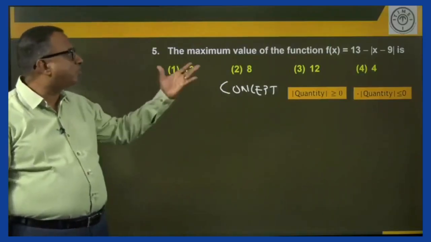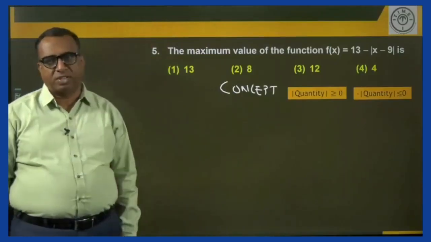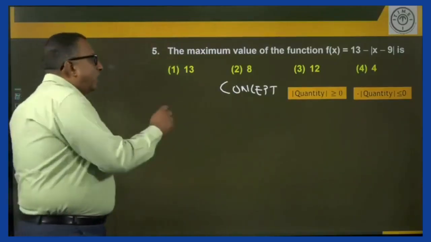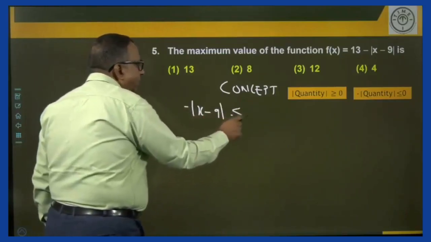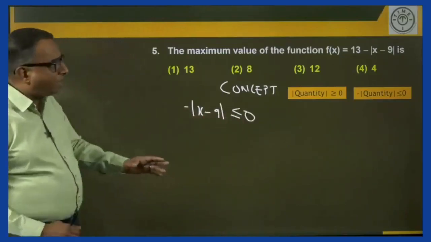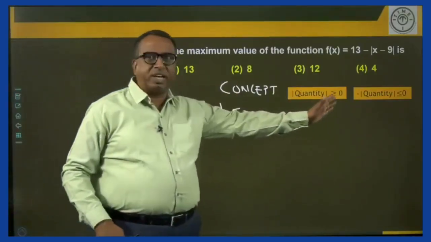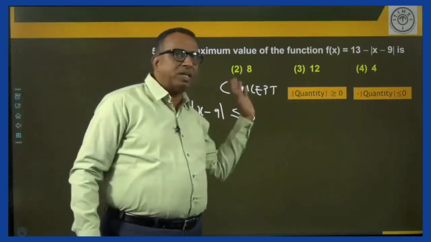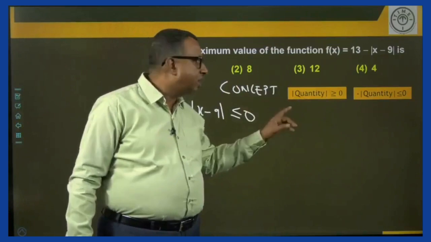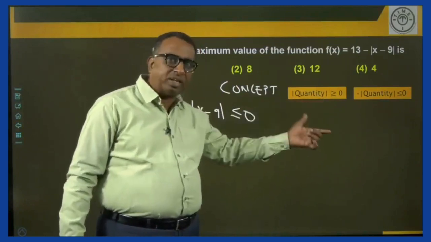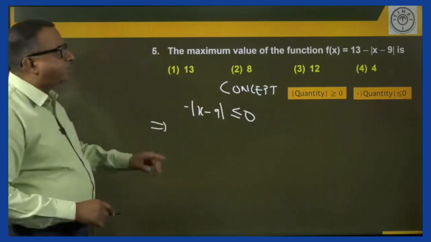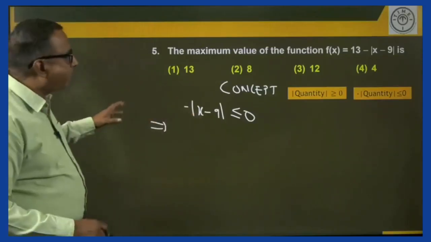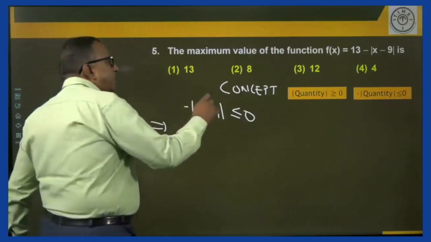This will actually help you to find the maximum value of this function. Churandi. Now you have what? Minus of mod x minus 9. This is always less than or equal to 0. Because we said modulus of any quantity is greater than or equal to 0 means if I multiply minus both sides, greater than or equal to 0 will become less than or equal to 0. Okay. So if you add, let us say 13 to both sides, this is a standard result.